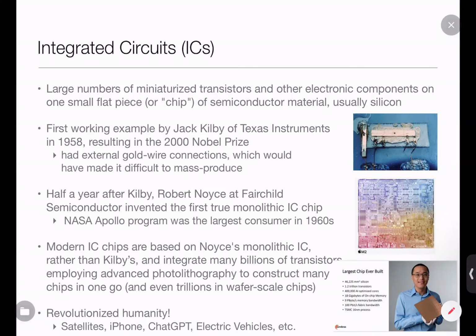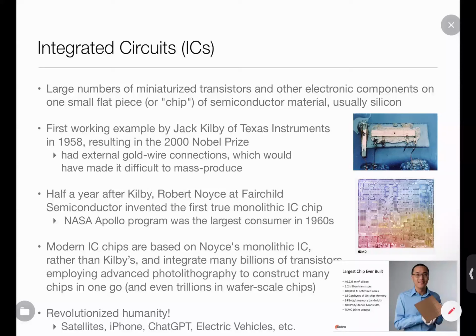Modern IC chips, the ones we use, which is kind of what I was showing, trace their roots to Robert Noyce and then the MOSFET transistors. The big win, the reason they have been so successful, is that we could integrate them on a single chip, a single piece of silicon, and make them en masse at scale.